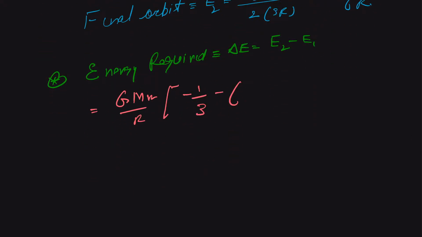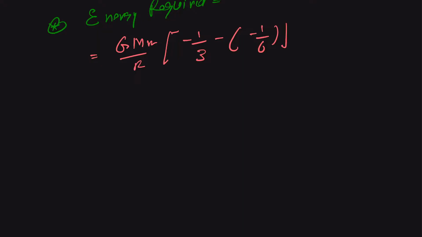Therefore delta E will be coming as GMm upon 6R. So this energy is positive, so energy has to be supplied, obviously, if you are going to move from this.